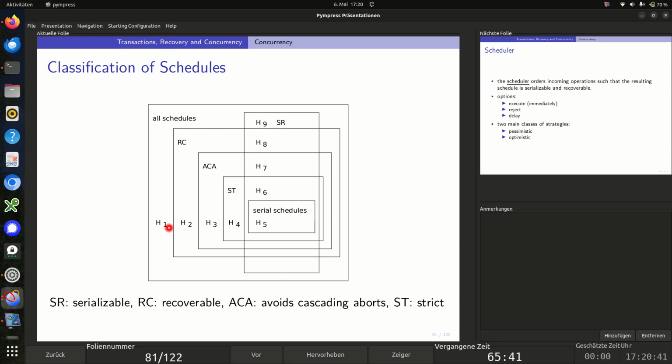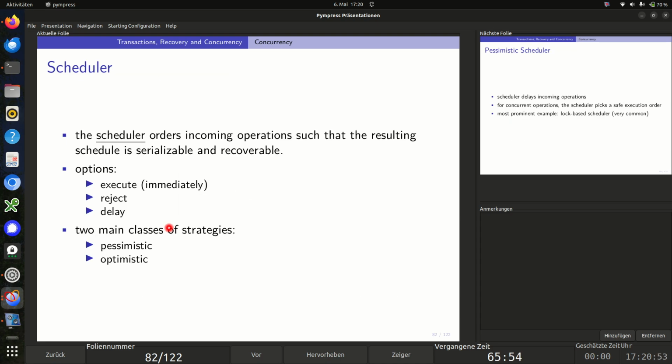Now the question is, how can we implement them? As I said, the idea would be with locks, and inside the database system there's the scheduler. The scheduler gets all the database queries and decides when to execute them. There are two strategies. The first one is pessimistic: claiming all the locks beforehand.